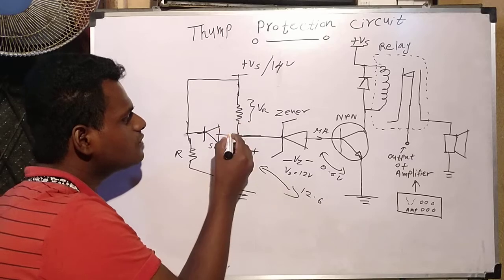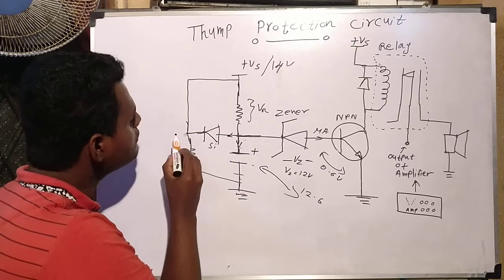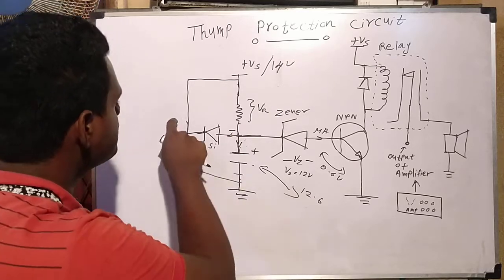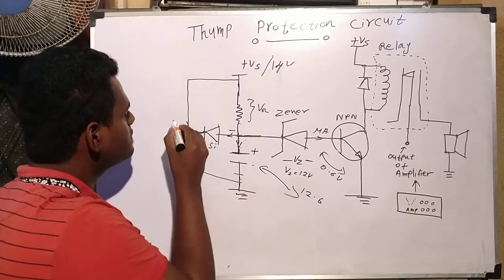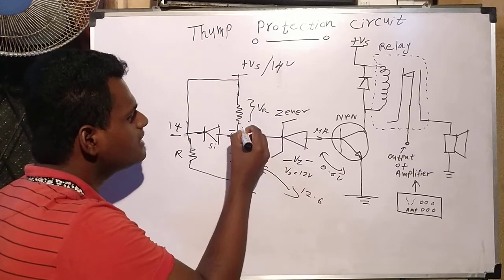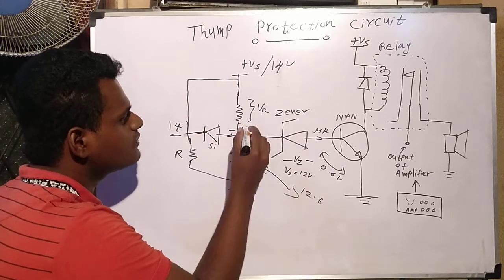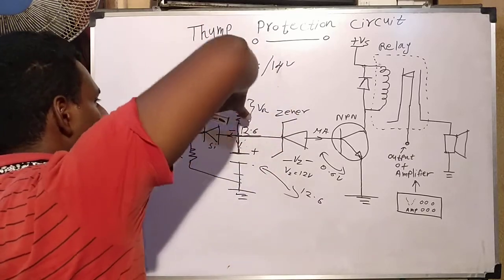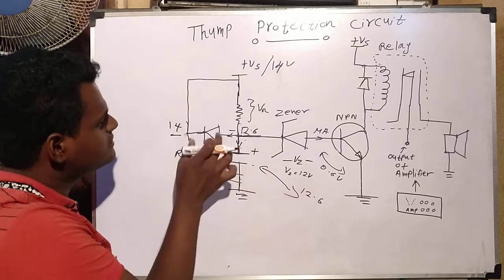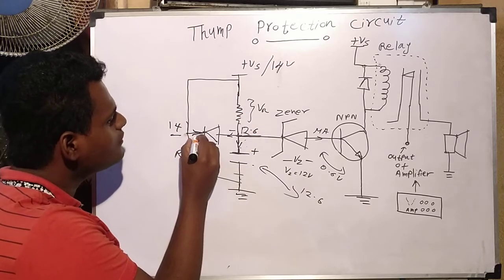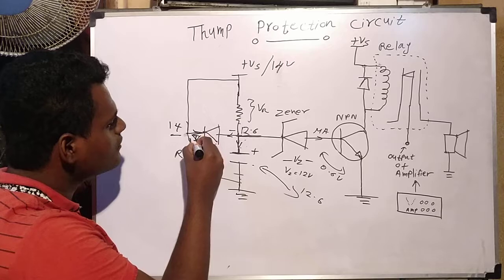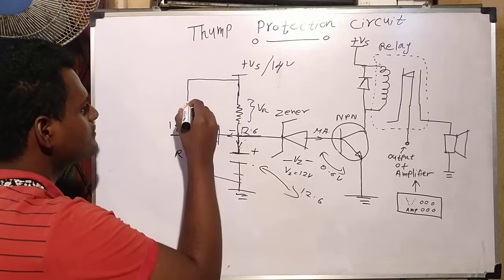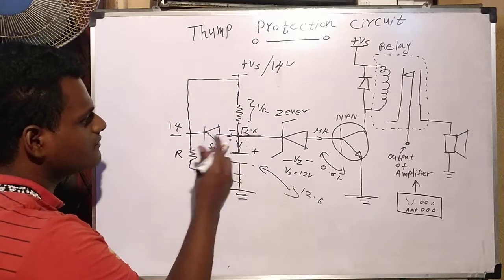After that no current goes in here, because this voltage is 14 volts and here it's 12.6 volts. The voltage difference puts the diode in reverse bias, so no current goes here.